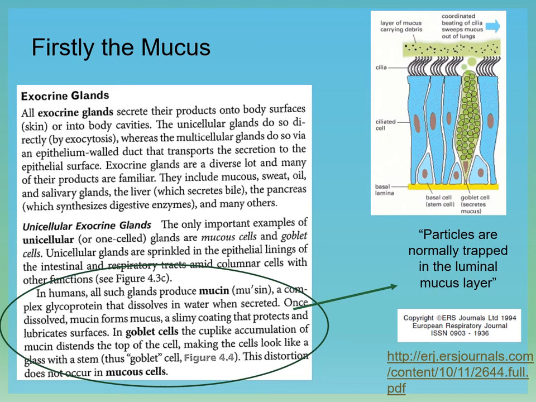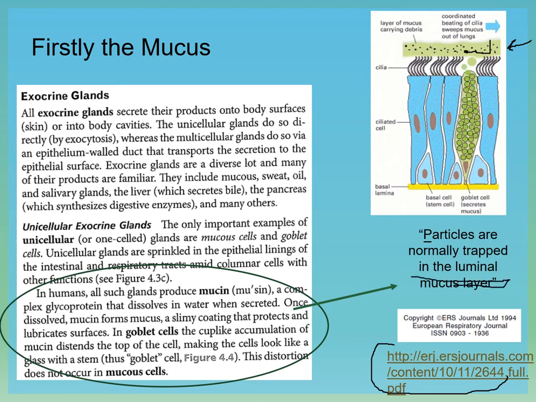So I also then wanted to look at the mucus. I found in this journal over here that particles are normally trapped in the luminal mucus layer. So this mucus layer, this green stuff, as you can see on the diagram at the top, the pathogens are going to be trapped in the mucus.